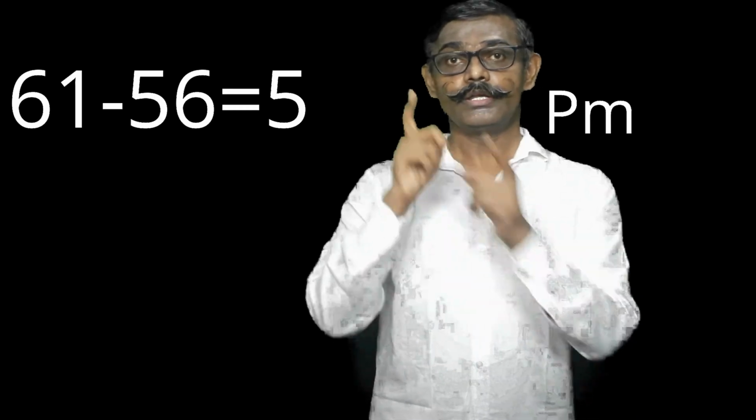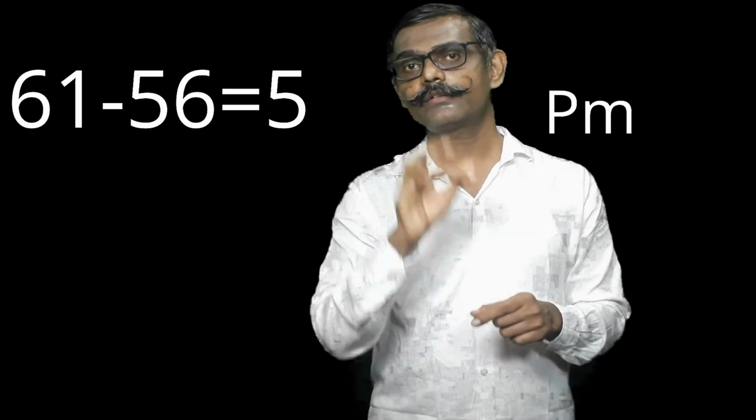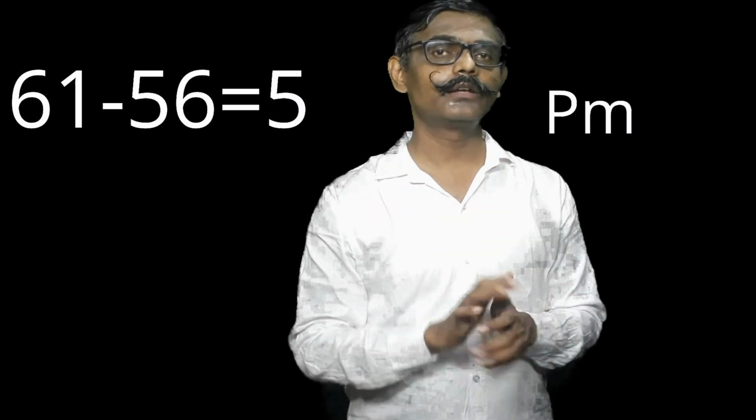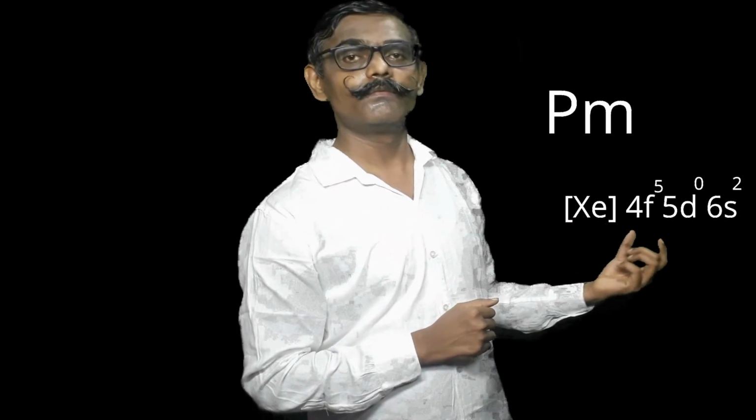So what is our rule? 61 minus 56, answer is 5. 5 electrons will be there in 4f orbital. In 5d, no electron, and in 6s, there will be 2 electrons. So what is electronic configuration for promethium? Xenon 4f5 5d0 6s2.